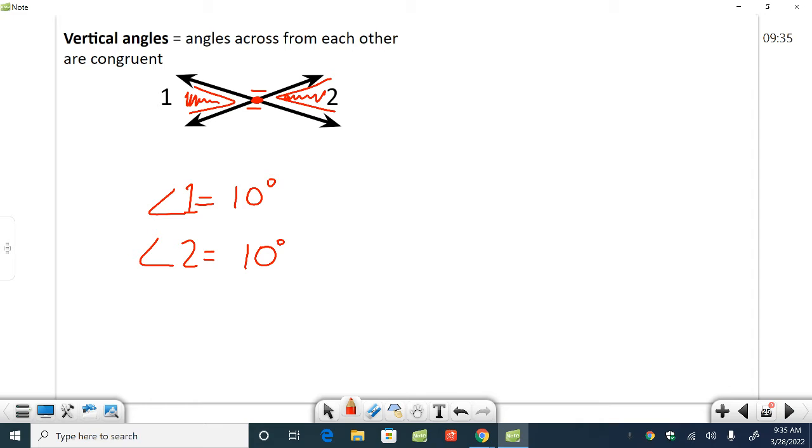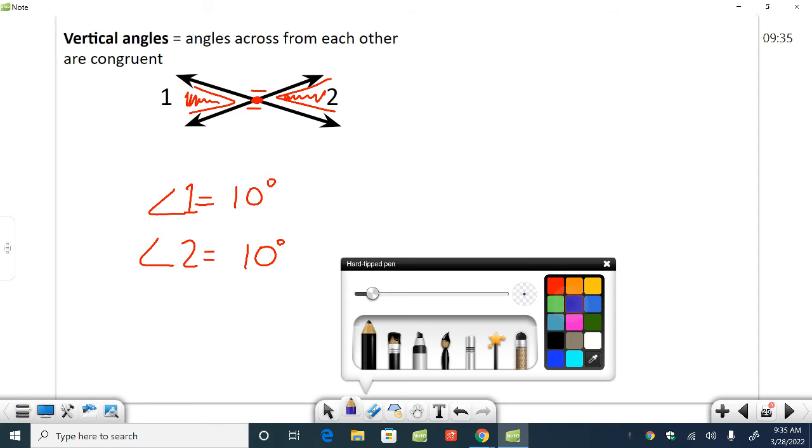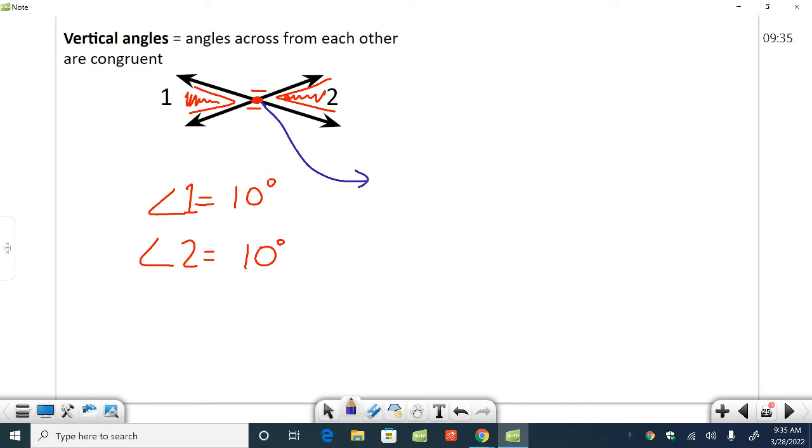What did we call this point a while ago? Vertex. We called it the vertex. So angles that are across from each other have the same measurement. The word congruent means same. So if it's 40 degrees, the other one's 40 degrees.